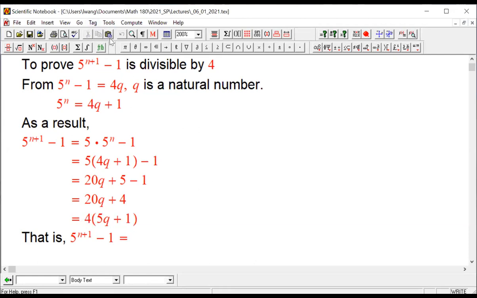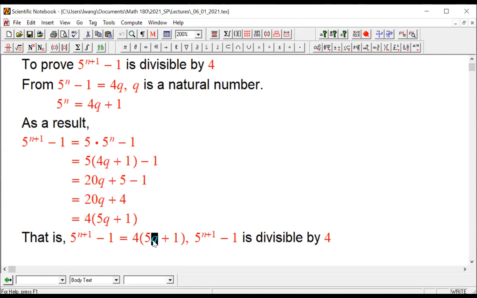By definition of divisibility, what does this expression say? This expression says 5 to the power n plus 1 is divisible by what? By 4, right?